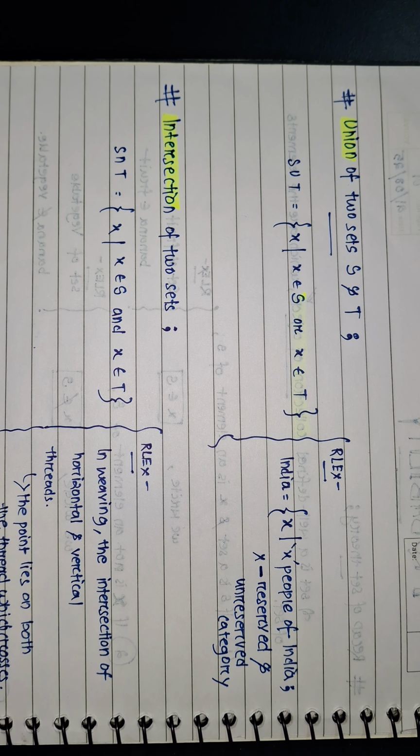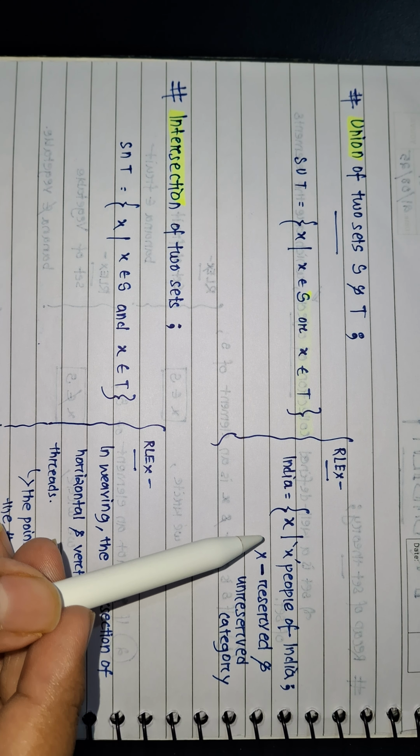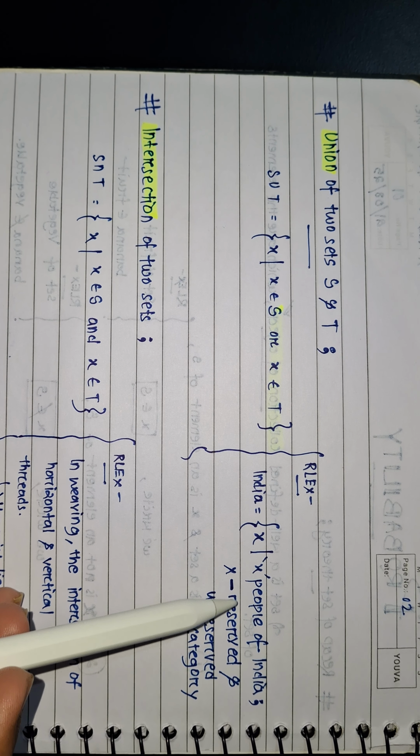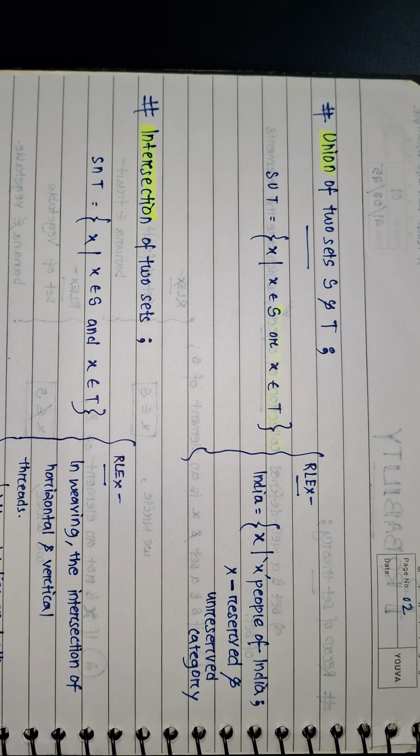Next is the union of two sets S and T. S union T means all the elements of S combined with all the elements of T. We will combine and write it in a set. Suppose we think of a real life example: X is the people of India, and X is of reserved and unreserved categories.